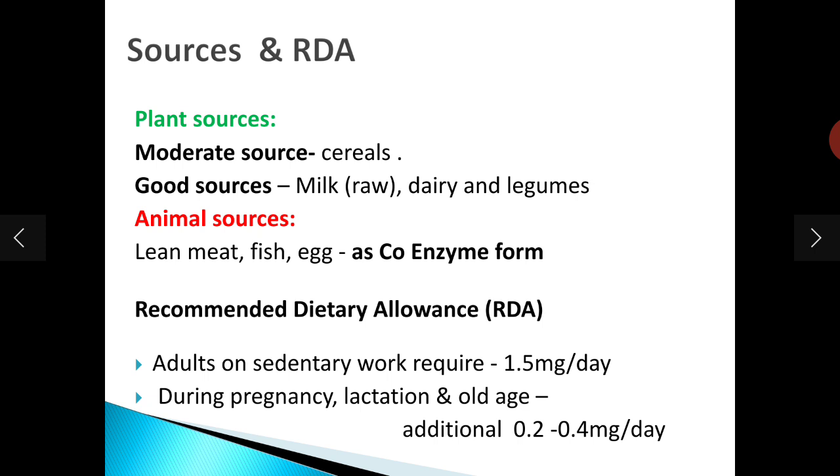The animal sources are lean meat, fish, egg, and the coenzyme forms are FMN and FAD. The recommended dietary allowance, the RDA, on sedentary work is 1.5 milligram per day, and during pregnancy, lactation and old age, an additional 0.2 to 0.4 milligram per day will be given.